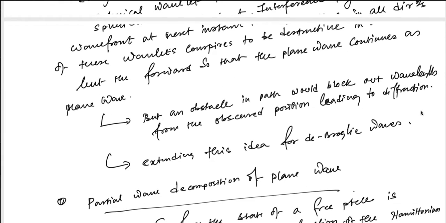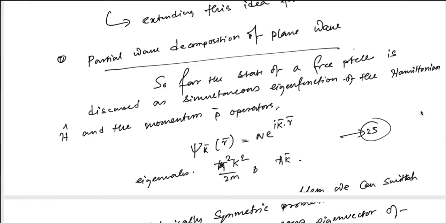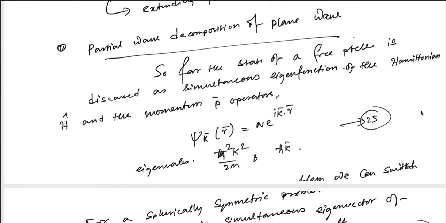Except now, instead of an optical wavefront, think of the de Broglie wavefront; that is the only difference. So let us do the partial wave decomposition of a plane wave. Since one wave is an incoming plane wave and another is a spherical wave, it is best to go to the spherical basis, because that is where we are doing the detection. Let us see how to do that.